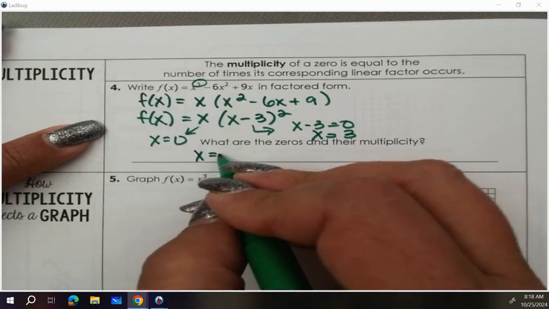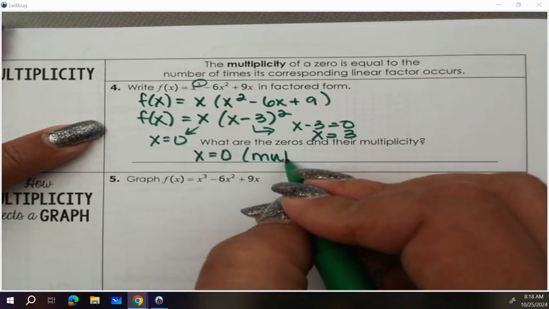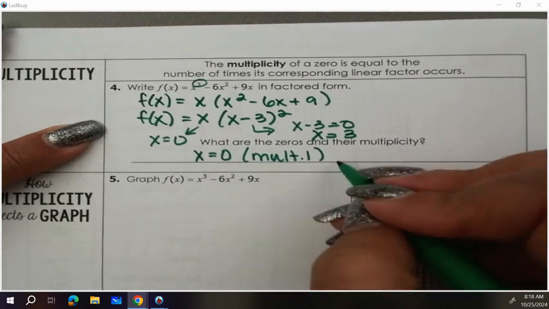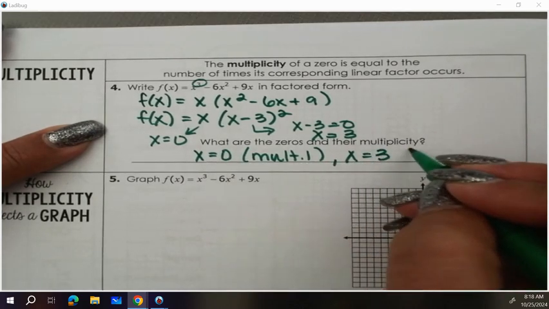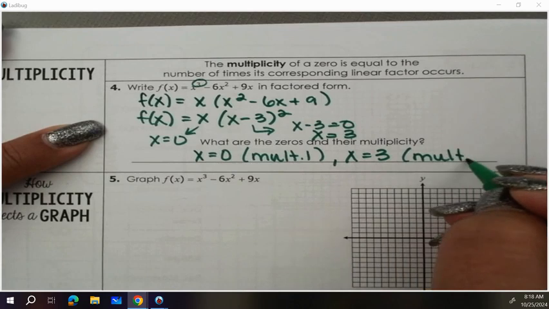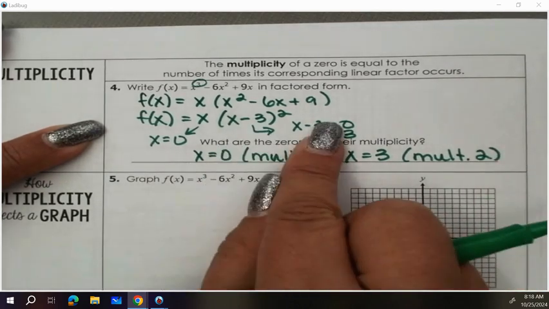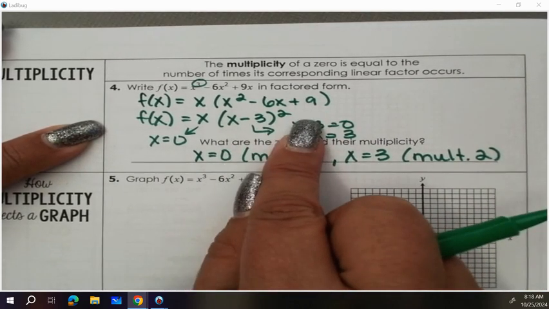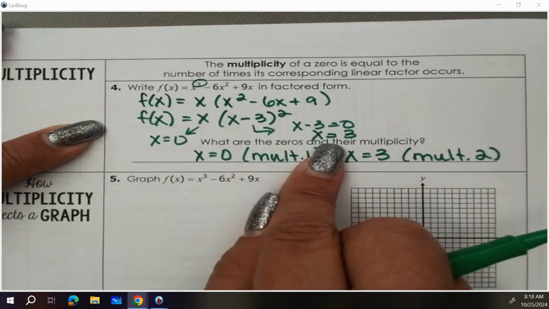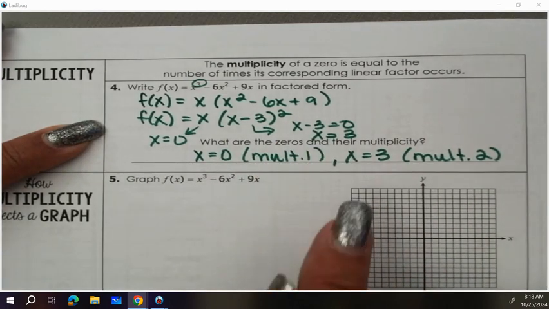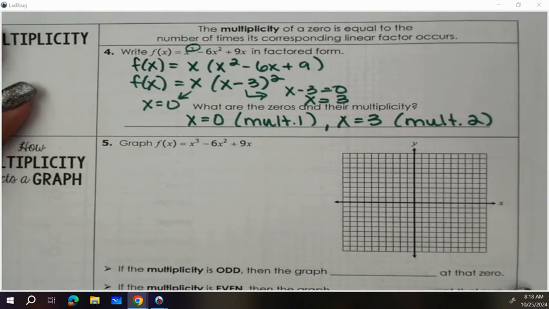Well, x equals 0 only has a multiplicity of 1. It only happened one time. But x equals 3 has a multiplicity of 2 because it happens 2 times. It's x minus 3 and x minus 3 twice. The graph is going to bounce there instead of cross.